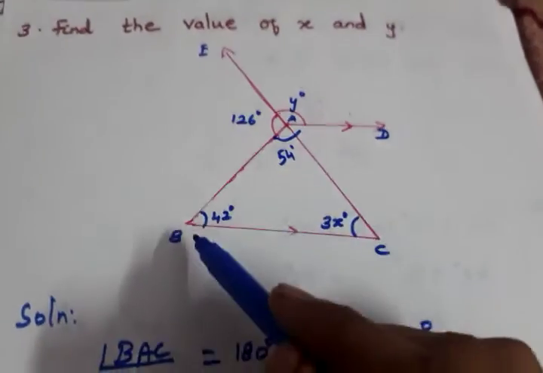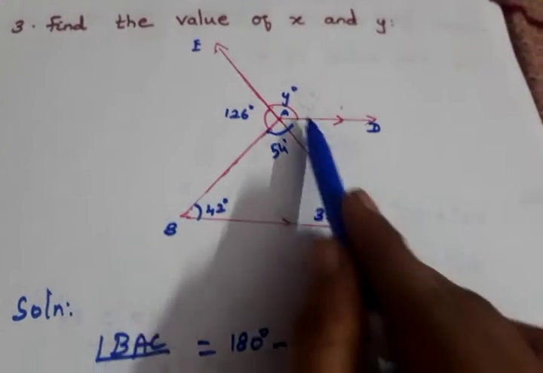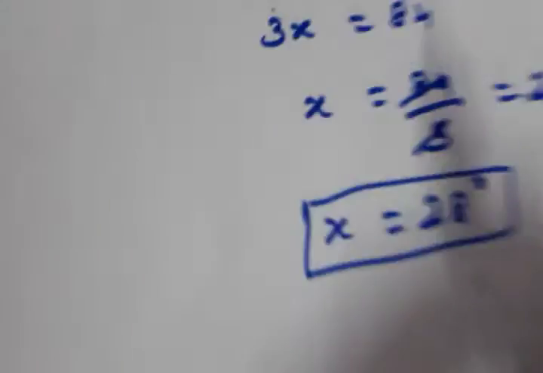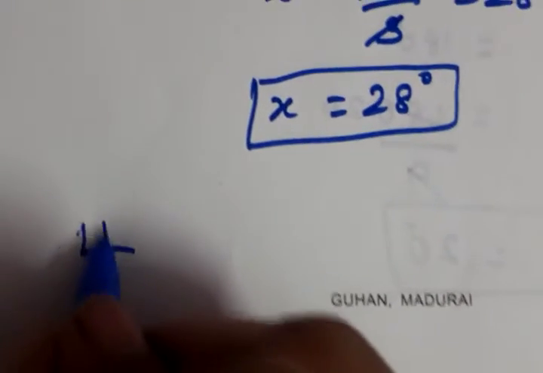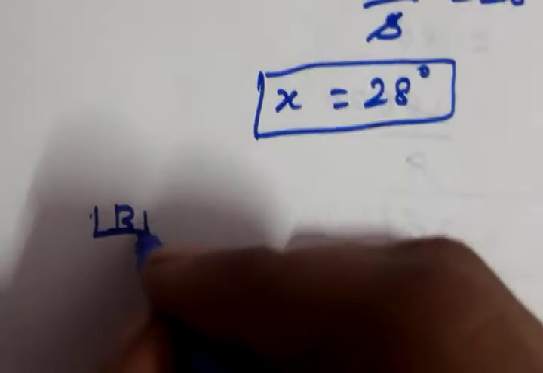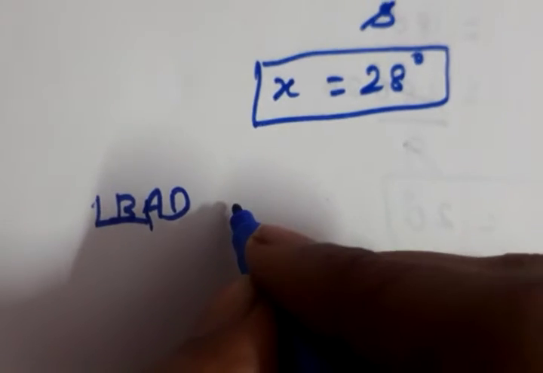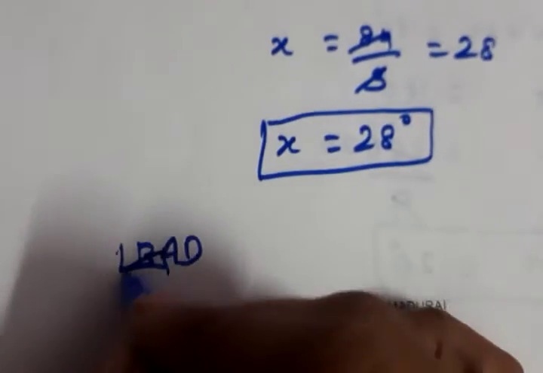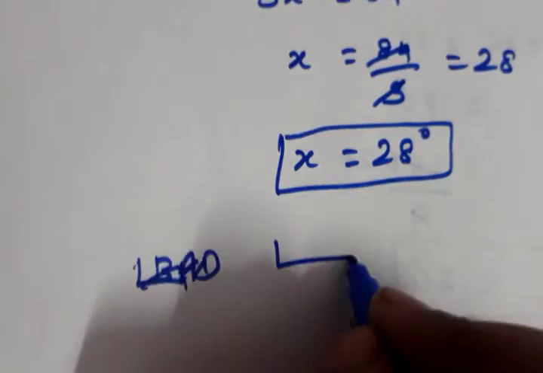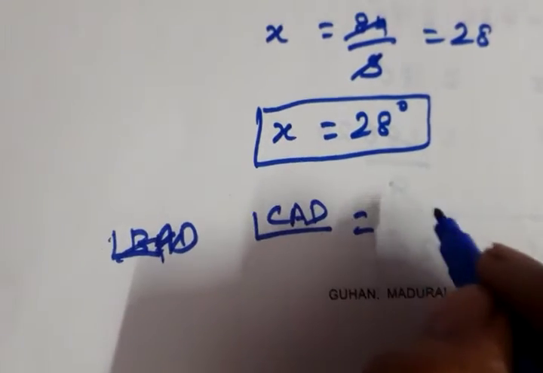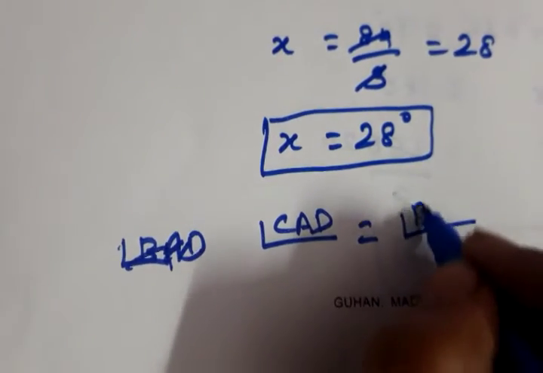So these are Z angles: this side angle is equal and this side is also equal. So angle CAD equals angle BCA.